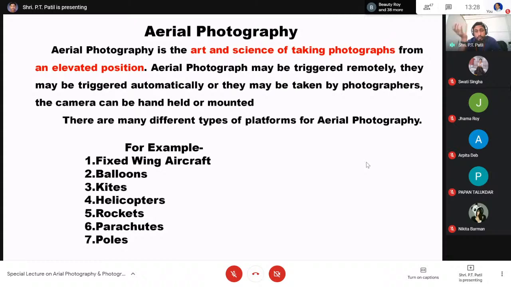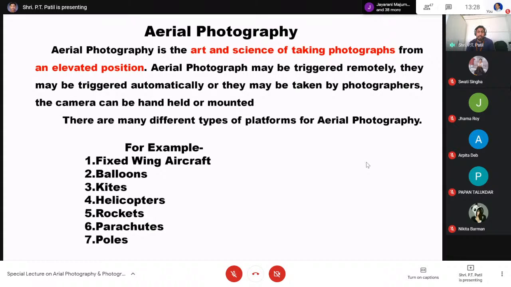So aerial photographs may be triggered remotely with the help of a remote control. Especially balloon aerial photography or drone aerial photography is associated with remote control aerial photography. We have the remote in our hand and we trigger the aerial photograph. Or sometimes aerial photographs were triggered automatically, especially in fixed wing aircraft photography, where the photographs were triggered automatically when cameras were mounted over the fixed wing aircraft.